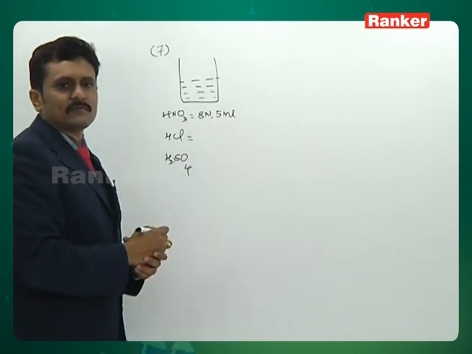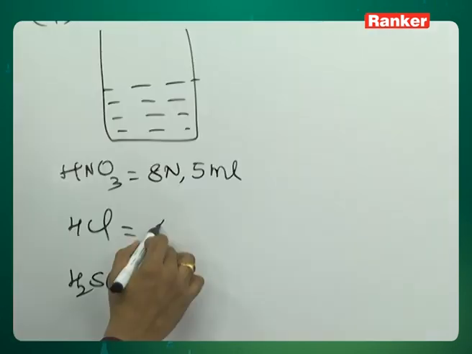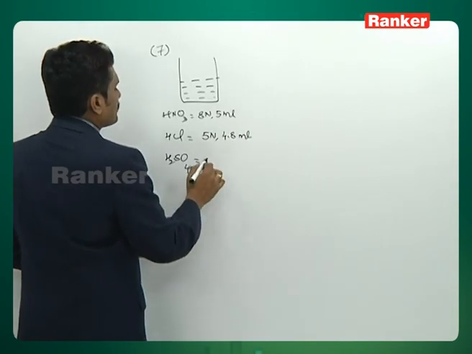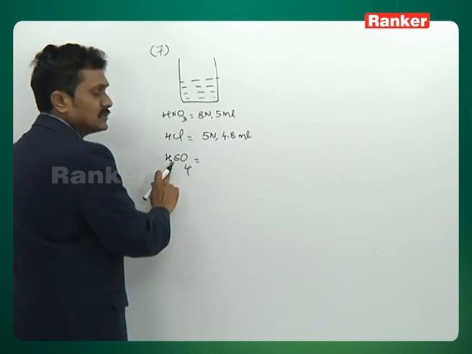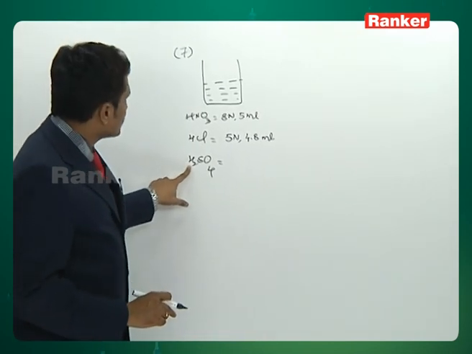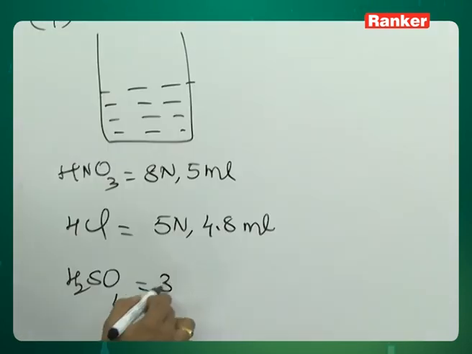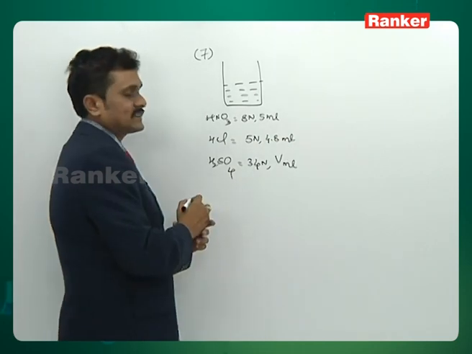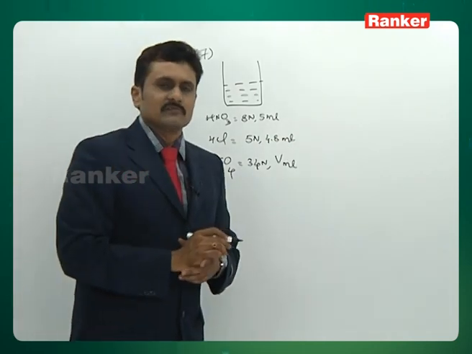HCl is 5 normal and 4.8 milliliter, and H2SO4 is 17 molar, that is 17 into 2. 2 is the basicity of this particular acid. When I multiply 17 by 2, I get 34 normal, and let us assume that the volume of this H2SO4 which is taken, which is not mentioned in the problem, is V mL.